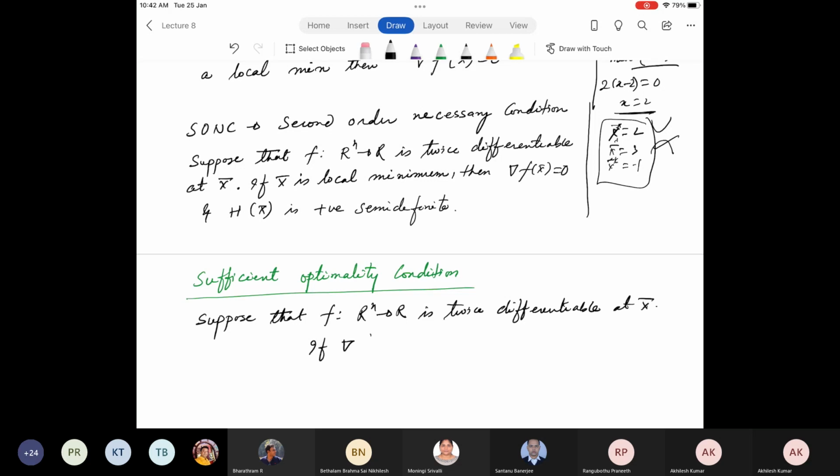If del f(x bar) equals 0 and H(x bar) is positive definite, then x bar is a strict local minimum. Read the statement carefully.